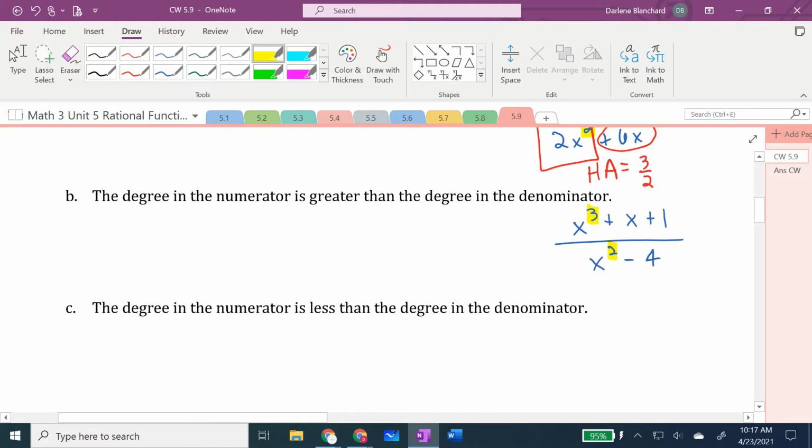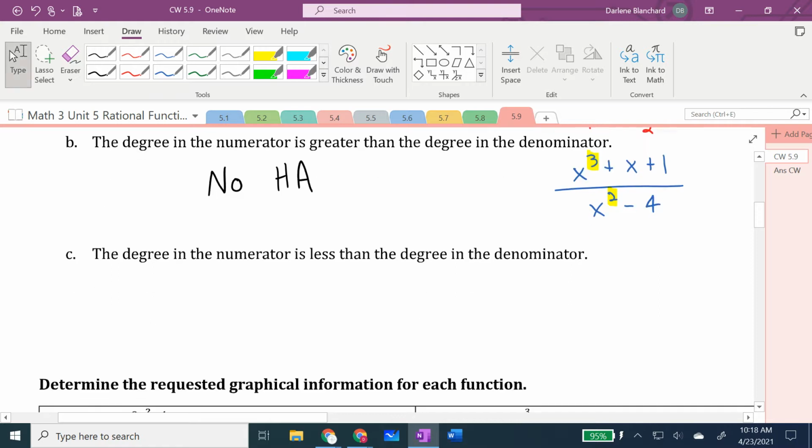If that's your situation, then you aren't going to have your graph be flattening to a horizontal asymptote in the end. It will be heading to infinity, kind of like the polynomials did, just not necessarily as steep as the polynomials did. So you have no horizontal asymptote in that situation.